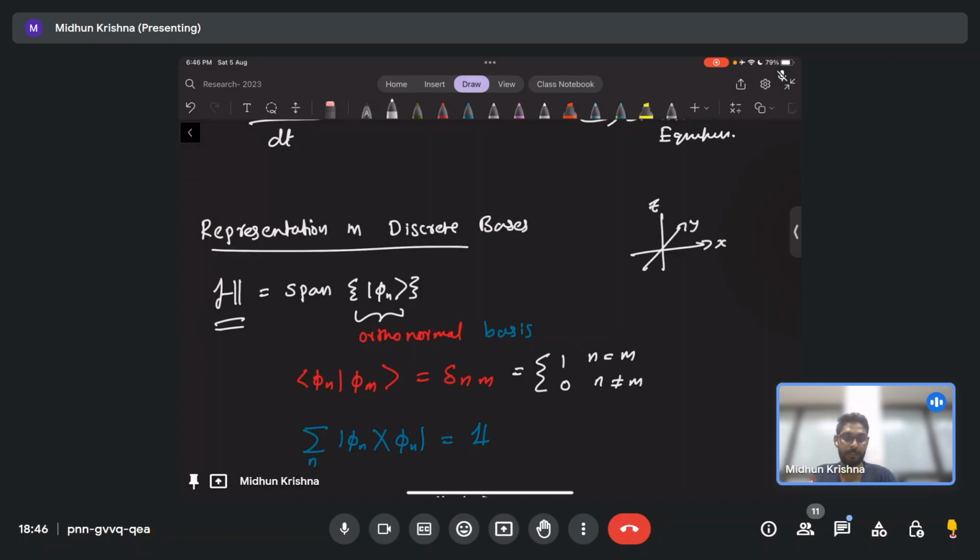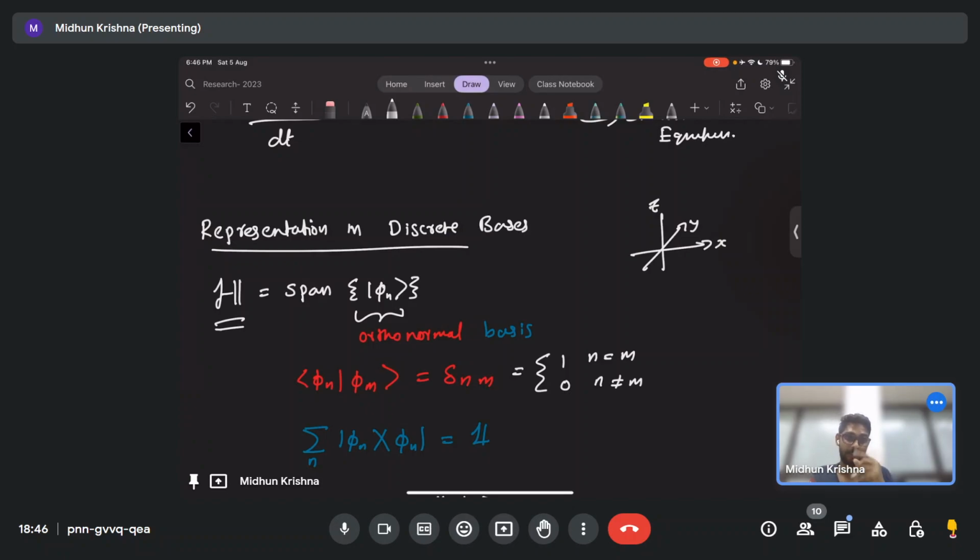And these three unit vectors along x, y, z direction form a basis. So phi n's are like the unit vectors along x, y, and z. Yes, Mayank, do you have a question? Okay, so x, y, and z are like the basis elements.